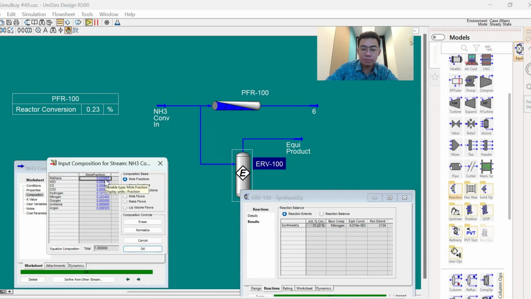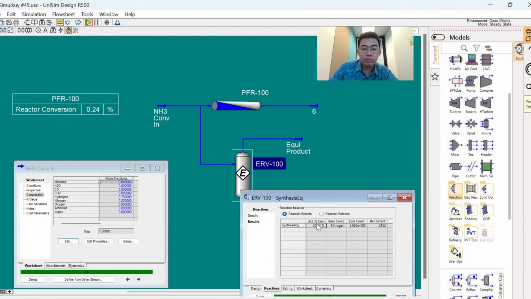Okay, I will put, for example, the methane and also the argon to 0, so I don't have any inert, then I will normalize. So you can see that the fraction of the hydrogen will be increased. Okay, I click OK. I will get the lower equilibrium conversion.